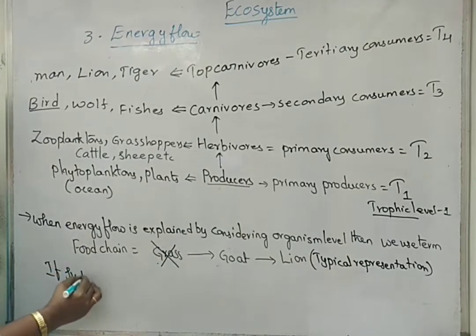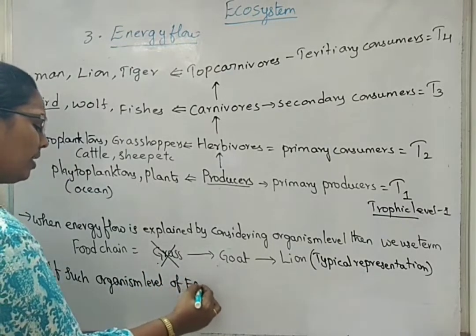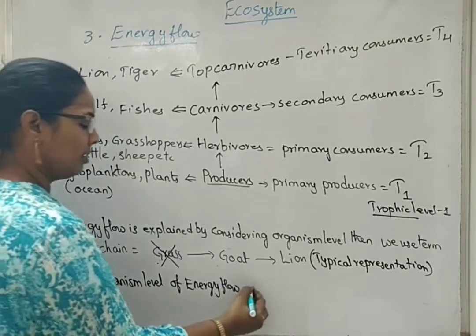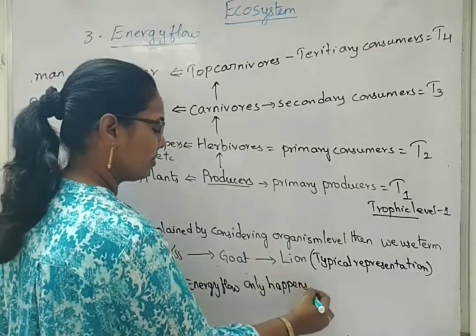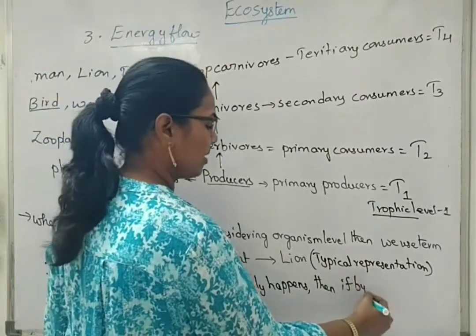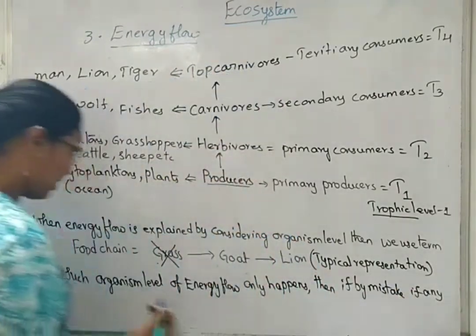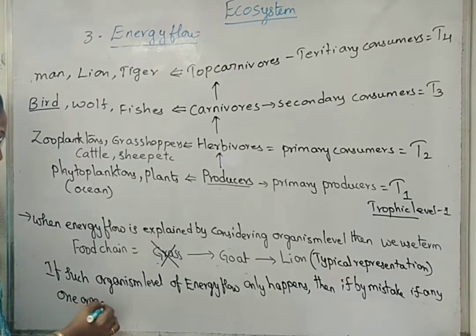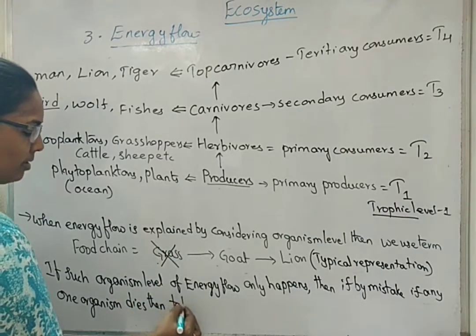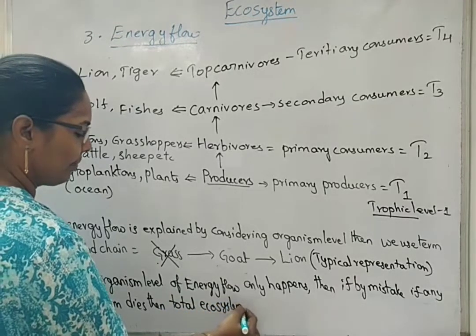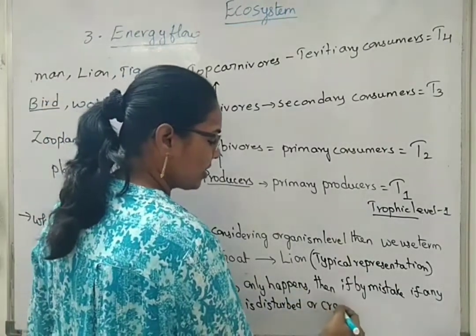If such organism-level energy flow only happens, then by mistake or because of climatic changes, if any one organism dies, then the total ecosystem is disturbed or crashed.